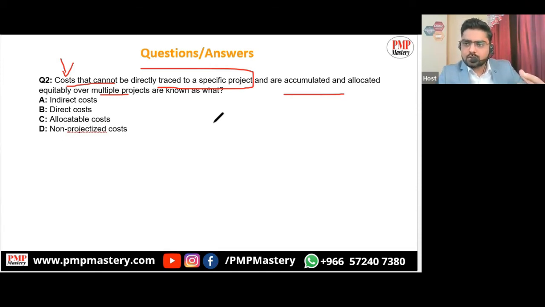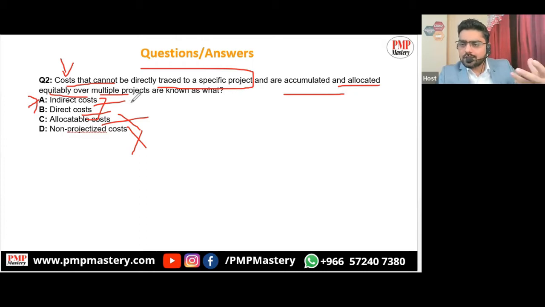The cost which is not a direct cost for your project is an indirect cost. Not allocatable, this is not an accurate cost type. This is also not an accurate cost type. These are just made-up cost types. Only two here are valid cost types, and it is very simple to select indirect cost because the question says the cost is allocated equitably over multiple projects.